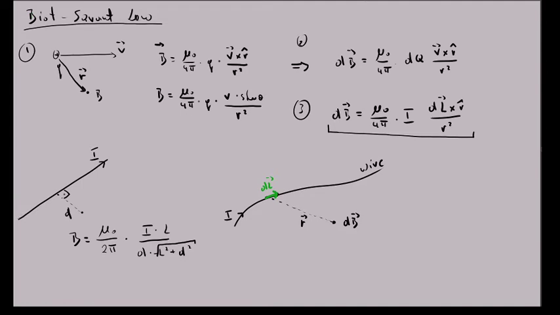If it starts here and runs to this point, this would be the length L. Now, if this distance d is very, very small, then this magnetic field simplifies to mu naught I over 2 pi times d. But this is if d is a lot smaller than L.